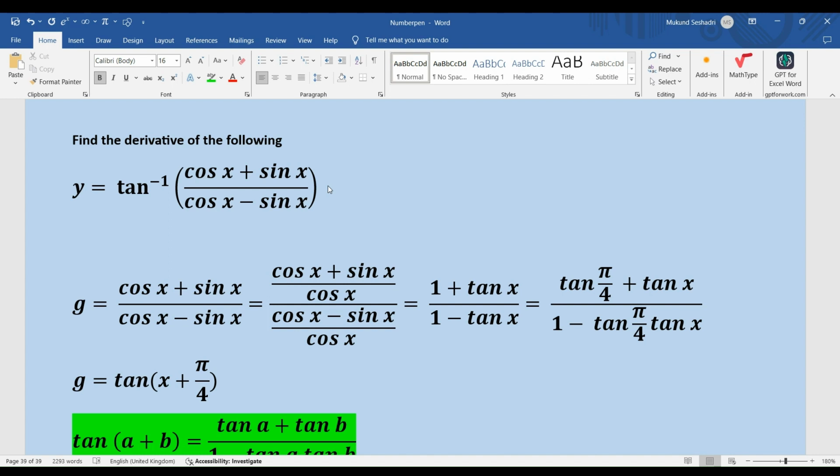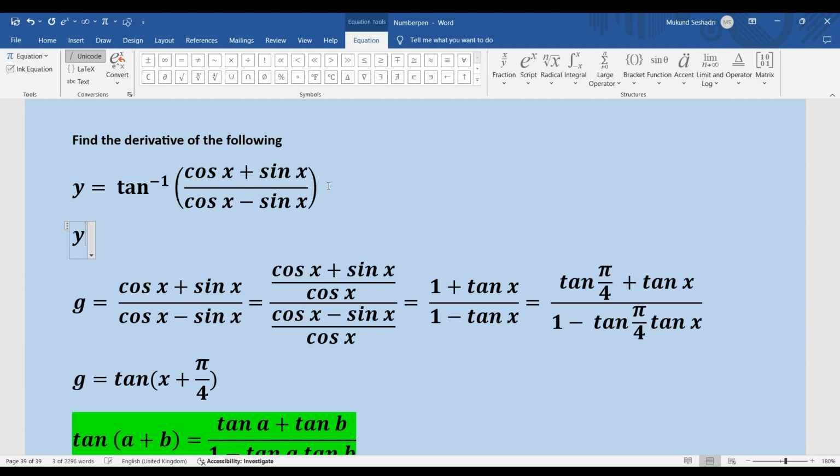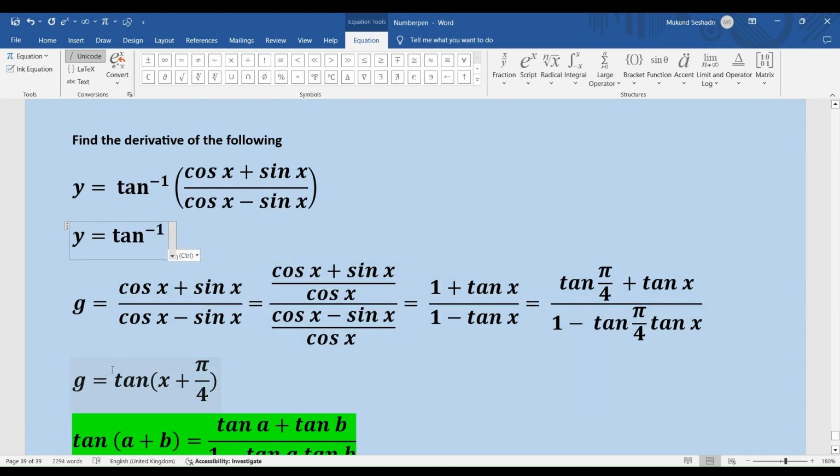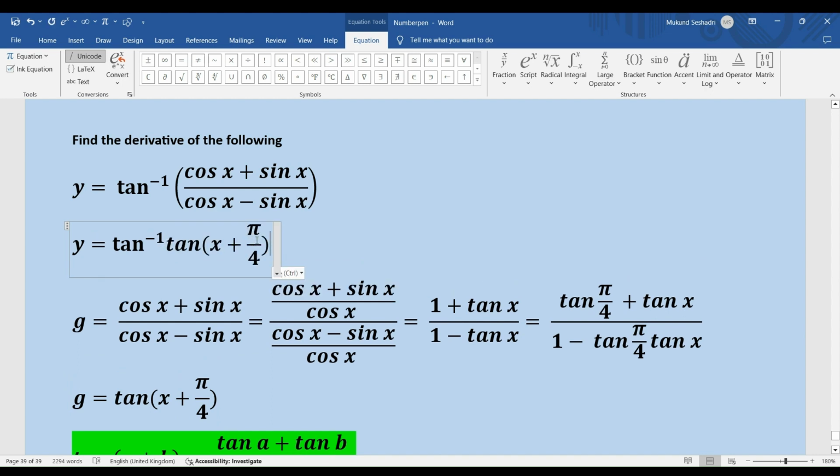Whatever you have in place of theta, for example, tan inverse of tan 3x, is nothing but 3x, right? So I'm going back to my y, because now that we've done the simplification of g, I have my y as tan inverse of tan of x plus pi by 4. And what is that? That is nothing but x plus pi by 4, right?